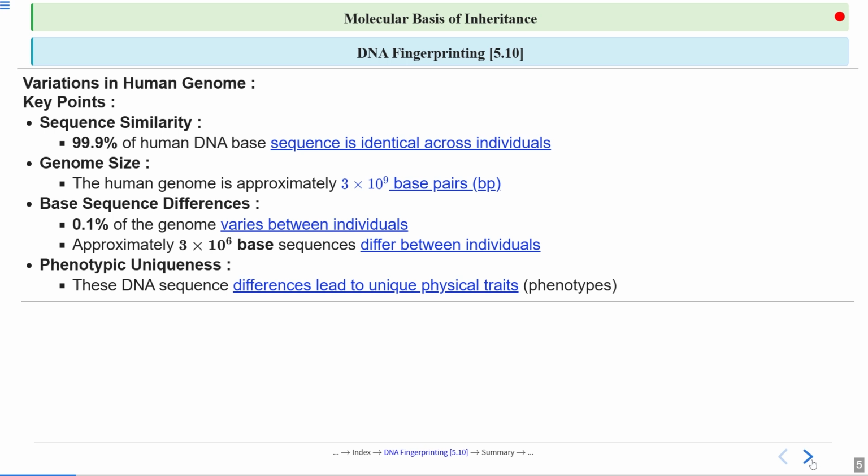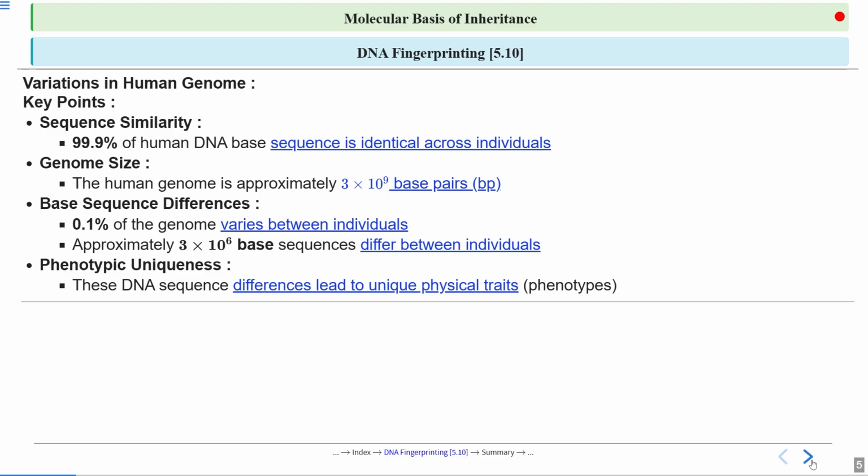So from this slide, what is the summary? You have understood that there is variation in the human genome sequence. There is 99.9% sequence similarity, meaning the human DNA base sequence is identical across individuals. The size of the human genome is 3 into 10 to the power 9 base pairs.